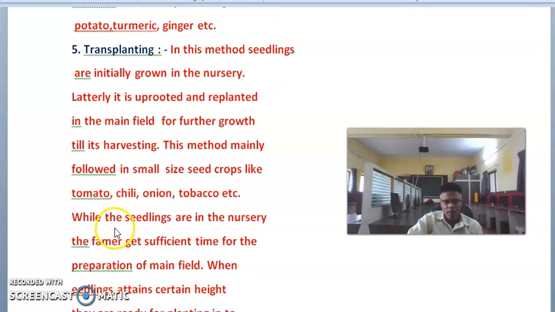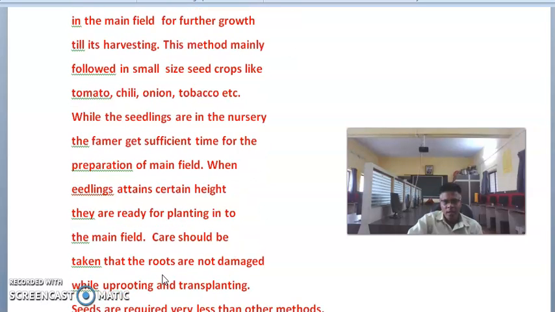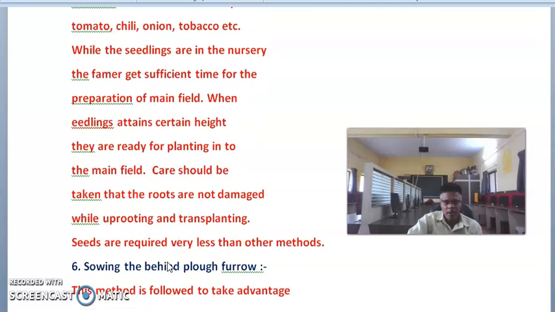While the seedlings are in the nursery, the farmer gets sufficient time for the preparation of the main field, and when seedlings attain a certain height and are ready for transplanting, they are uprooted and planted into the main field. The seed rate required is very less.